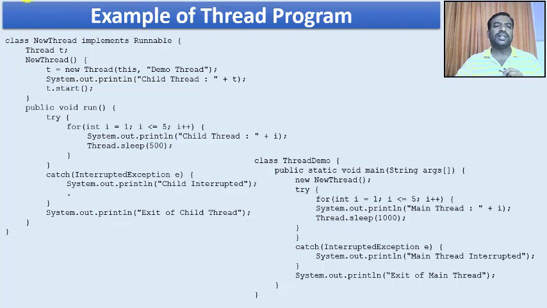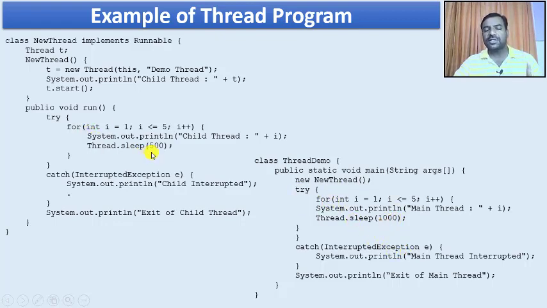Once this is done, the control will come back to the main function, and it will start executing its instruction. It is going to print the value 1 in the first iteration, and it will go to sleep now. Just look at this. I'm making the main thread go into sleep for 1 second for every loop.